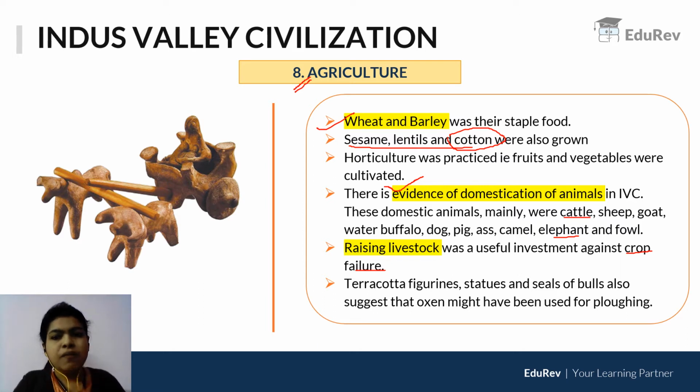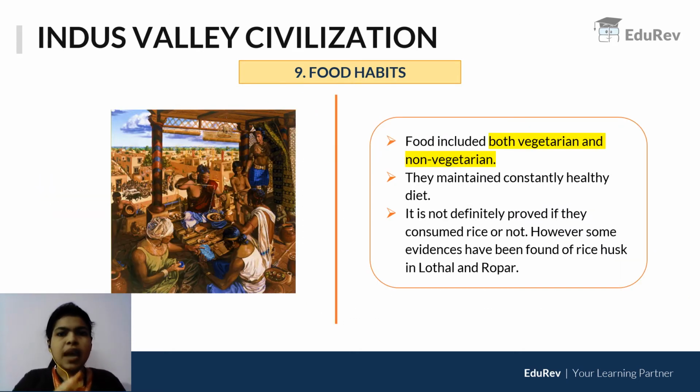People, apart from agriculture, also took to animal husbandry. They also took to domestication of animals, and terracotta figurines, statues, and seals of bulls suggest that oxen might have been used for agricultural purposes. And coming to food habits, they followed both vegetarian and non-vegetarian practices, and they tried to make it a very healthy diet.